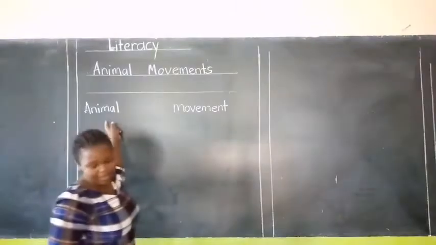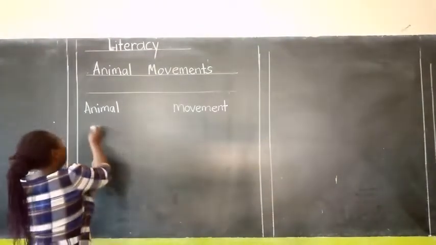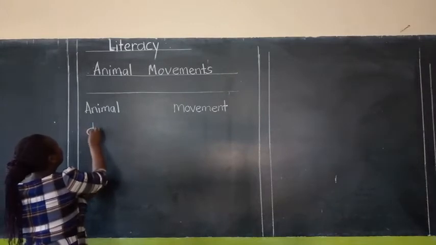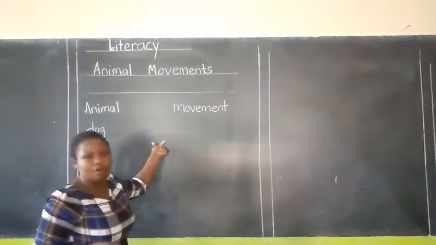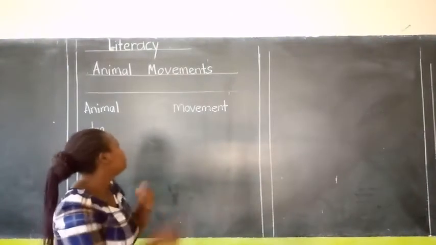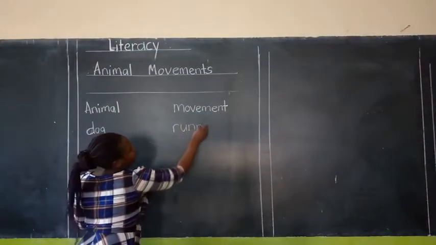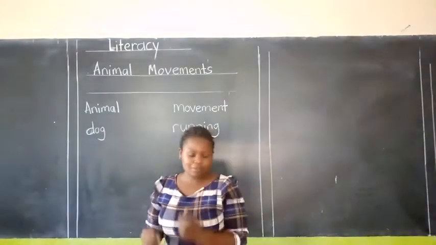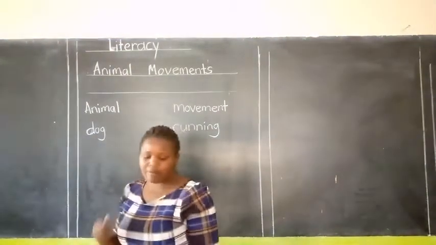So how do animals move? I can give an example of an animal, like dog. How does a dog move? It moves by running.